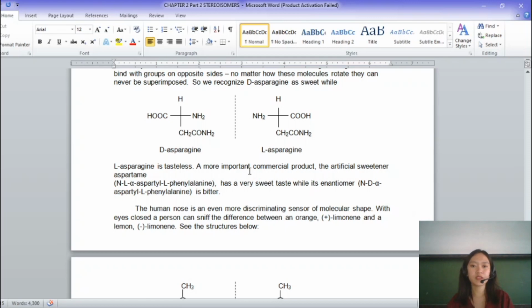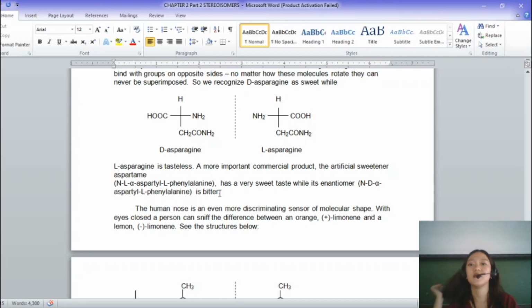One more important commercial product is the artificial sweetener aspartame. So, you have the N-L-aspartyl-L-phenylalanine, which has a very sweet taste, while its enantiomer N-D-aspartyl-L-phenylalanine is bitter.